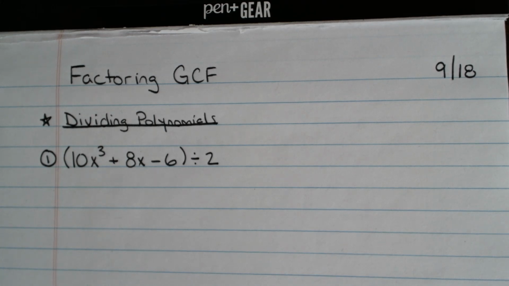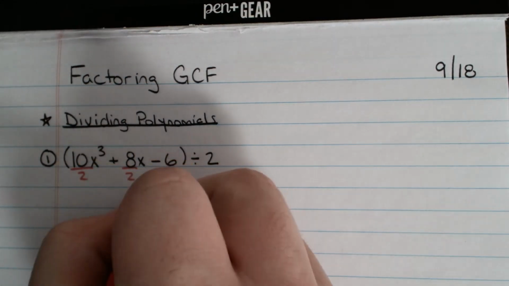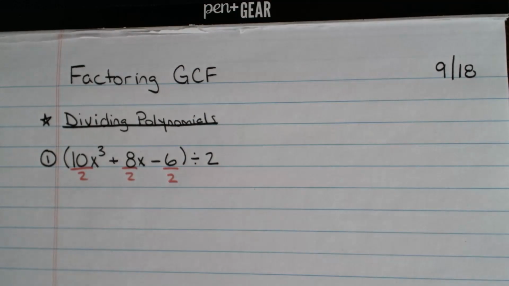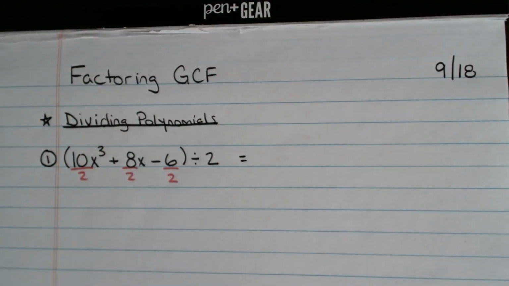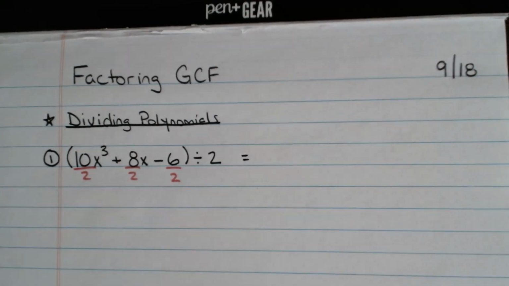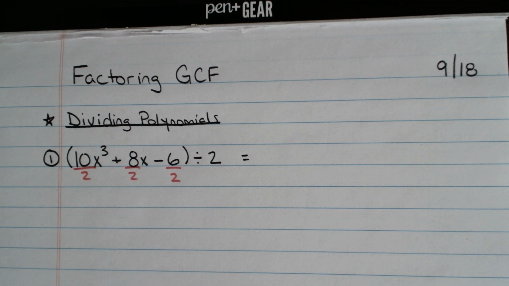All we have to do is divide all those coefficients by 2. So 10 divided by 2, 8 divided by 2, -6 divided by 2. Ten divided by 2 is 5.